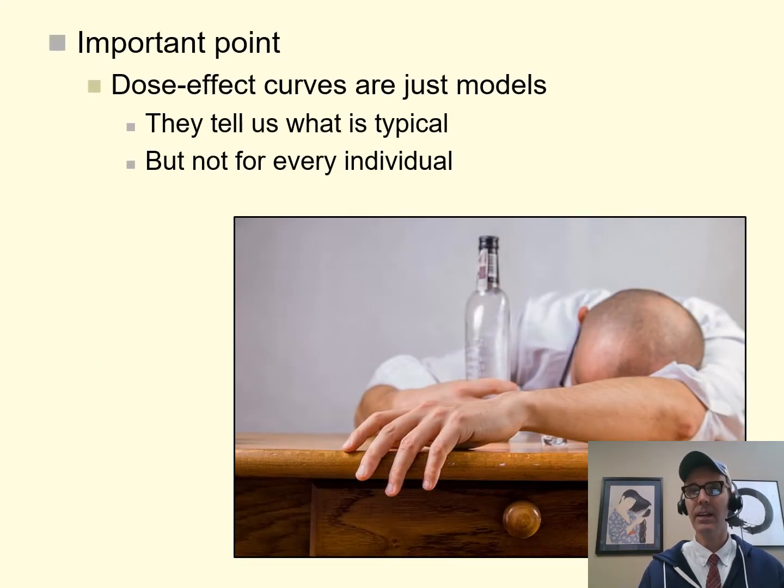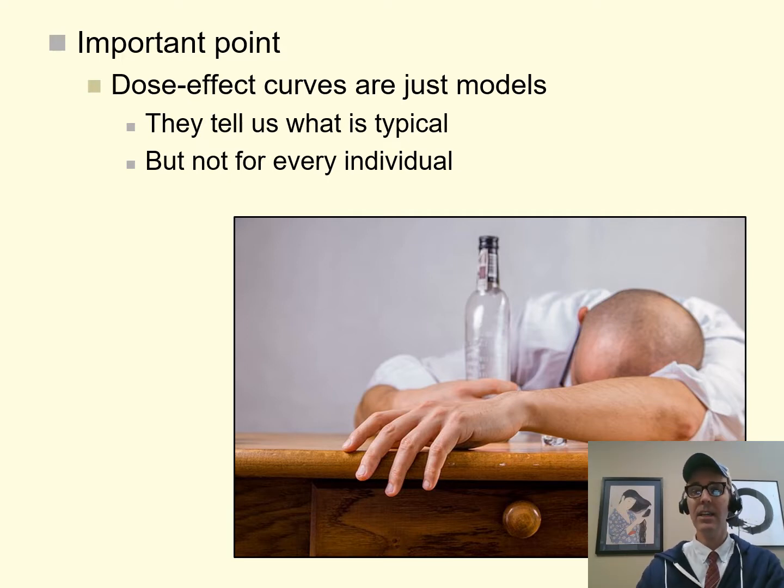An important point here is that dose effect curves, or effective dosing curves and lethal dosing curves, are just models. They tell us what is typical for people in a population. We might expect a certain percentage of folks to report the effect of the drug or a certain percentage of folks to die from using the drug, but they don't tell us what's going to happen for every individual.